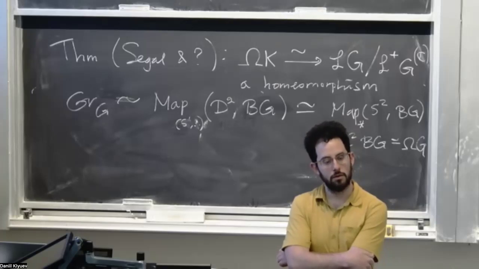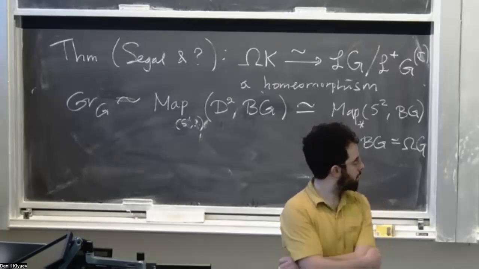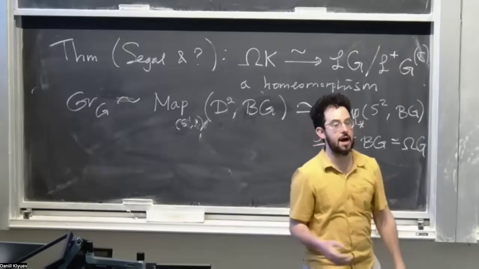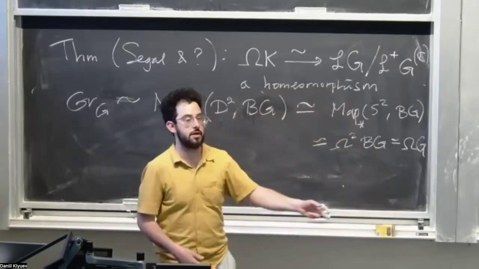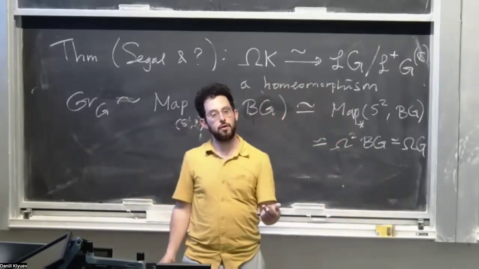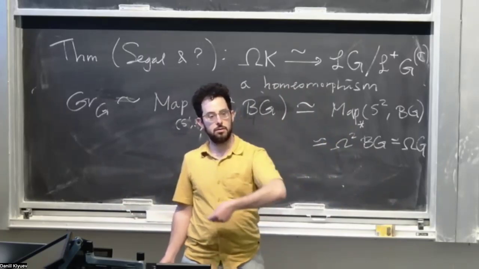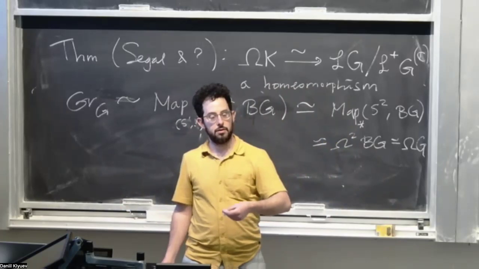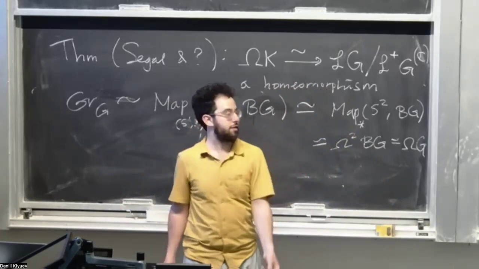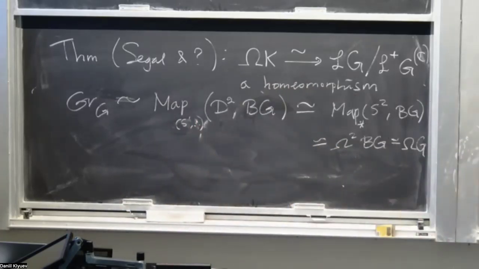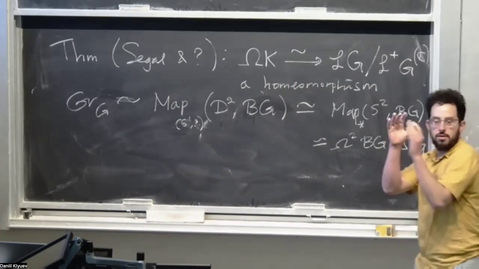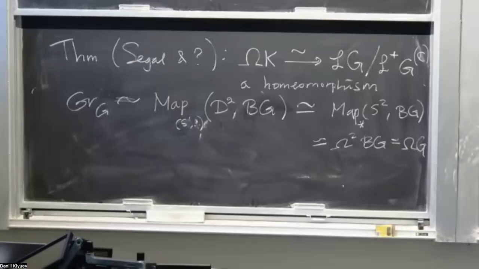If you choose coordinates and everything, then you can write a function on the circle as a function of a parameter theta. And that function, you just write the same function, like theta to the power of minus 1 plus 5 theta squared, and you replace every theta with t.